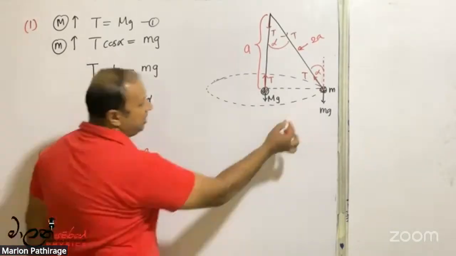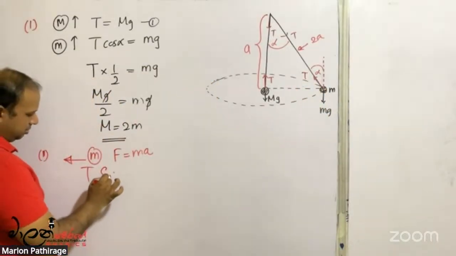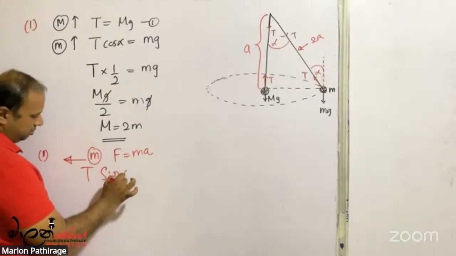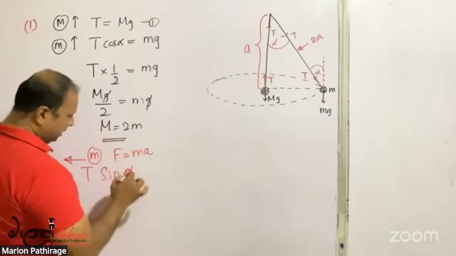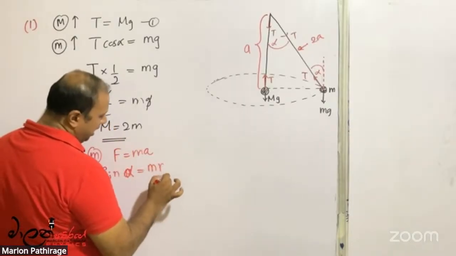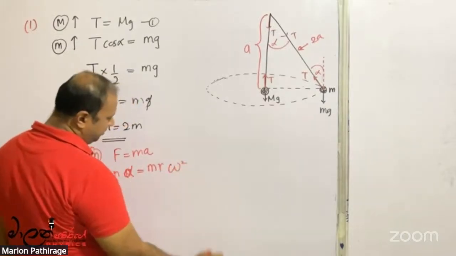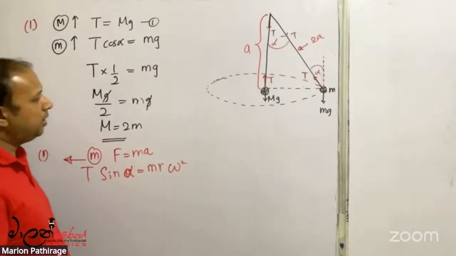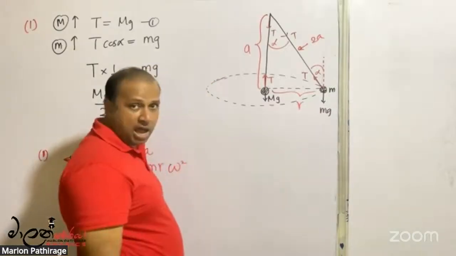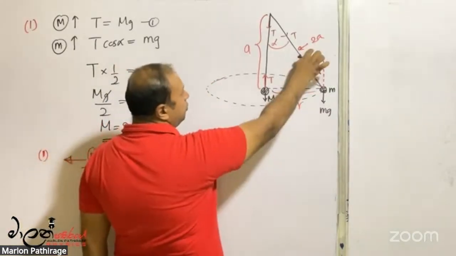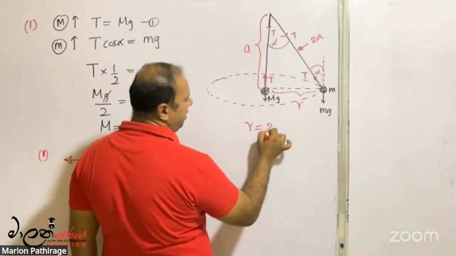F means T sine theta, and sine theta means sine alpha, is equal to m R omega square. Now you need to determine R, okay? You know R is equal to 2a sine alpha.